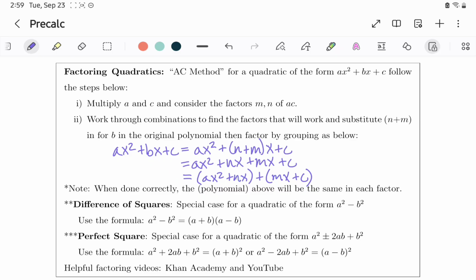And then from here, what we want to do is pull out the greatest common factor from each grouping. The groupings we're referring to here are the two terms in the parentheses. Once we do that for each of our groupings, we should have the same expression remaining in the parentheses. So that'll be one of our binomial factors. And then what we've pulled out as the greatest common factor from each of the two groupings is going to give us the two terms for our other binomial factor.